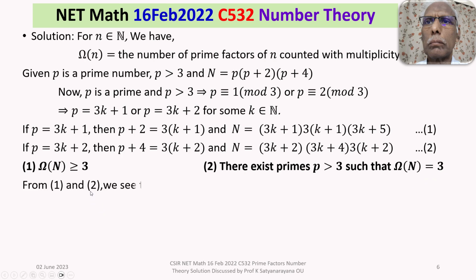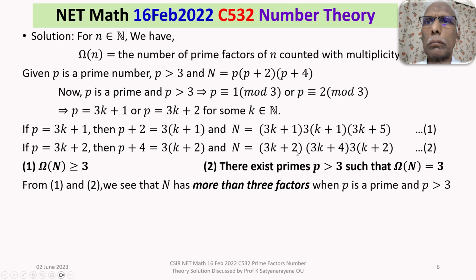Now, we observe that from 1 and 2, n has more than 3 factors. When n has more than 3 factors, certainly n will have more than 3 prime factors. Further factorization may lead to that, and you have to express it in terms of the prime factors.